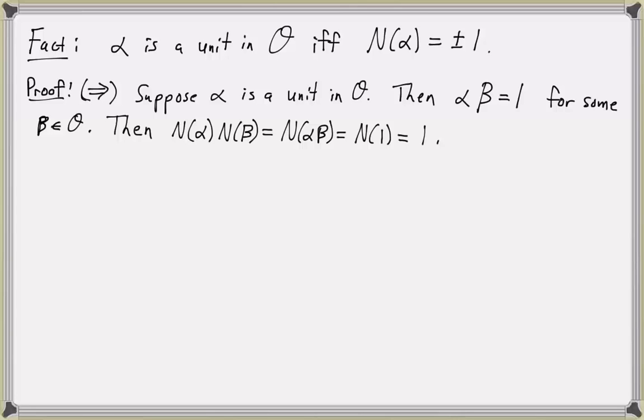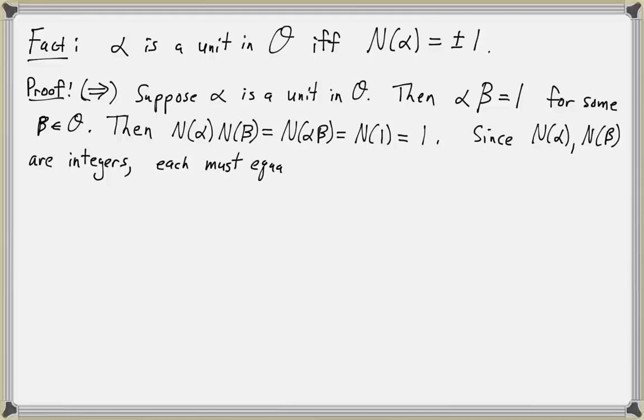So the norm of alpha times the norm of beta equals 1, and since the norm of alpha and the norm of beta are both integers, the only way this is possible is if they're both equal to 1 or they're both equal to -1. So since they are integers, each must equal plus or minus 1. So if alpha is a unit, then the norm of alpha is plus or minus 1.